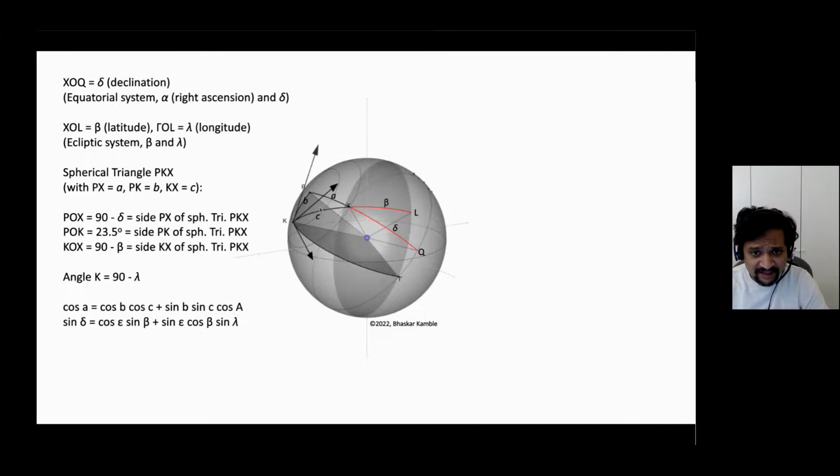Because OP is perpendicular to O gamma, since gamma lies on the equatorial circle, and OK is also perpendicular to O gamma, since gamma lies on the ecliptic circle as well. Because this is the point of intersection, the only way that both OP and OK can be perpendicular to O gamma is if the plane PKO and the plane OK gamma are perpendicular to each other, which means that this angle is 90 degrees. We can also see this here.